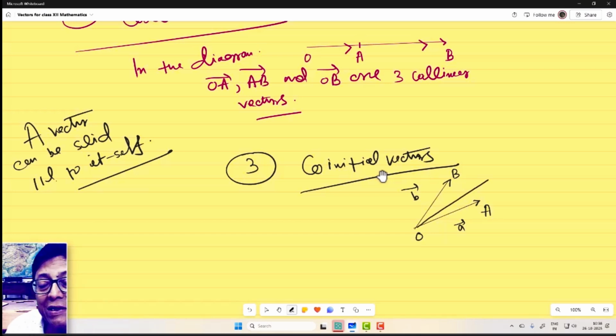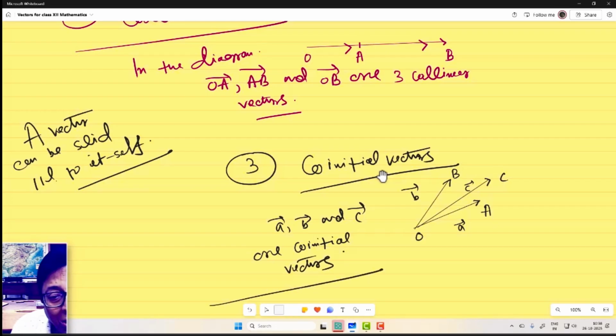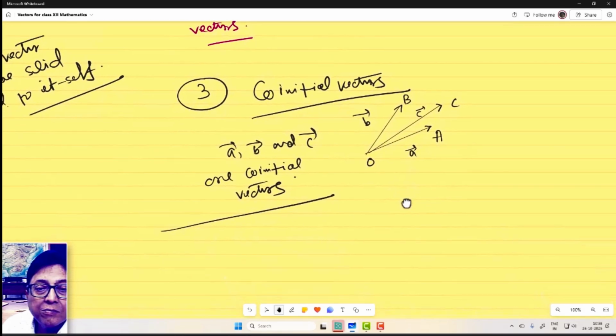If you take another one, vector OC, this is also co-initial. A, B and C are co-initial vectors.